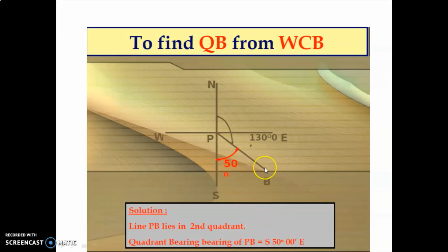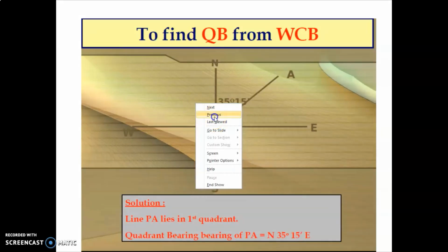Because, as I already told you, the PB line is approaching towards the south pole. So whenever your line is approaching towards the south pole, you have to write it this way: south 50 degrees east. So from the figure itself you can easily calculate your answer. No need to remember the formula even. Now come to the same table.